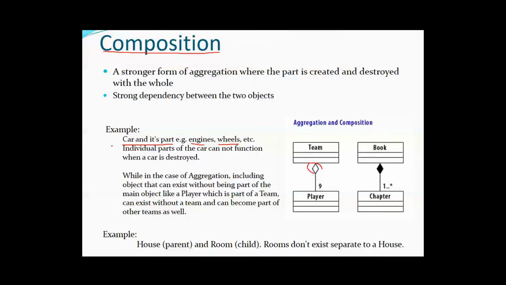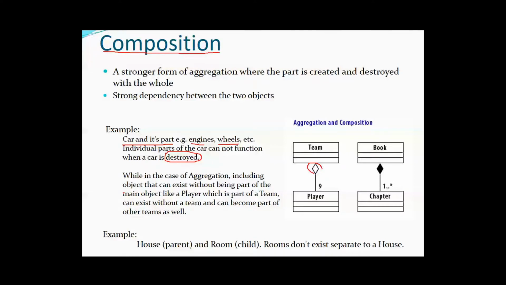Now the normal aggregation means including the object without being attached strongly to it, such as the team can exist without a player. Another example: a house has a parent and the room a child.